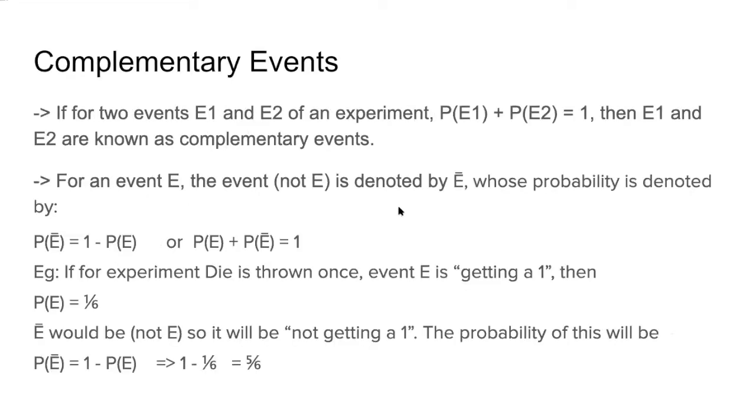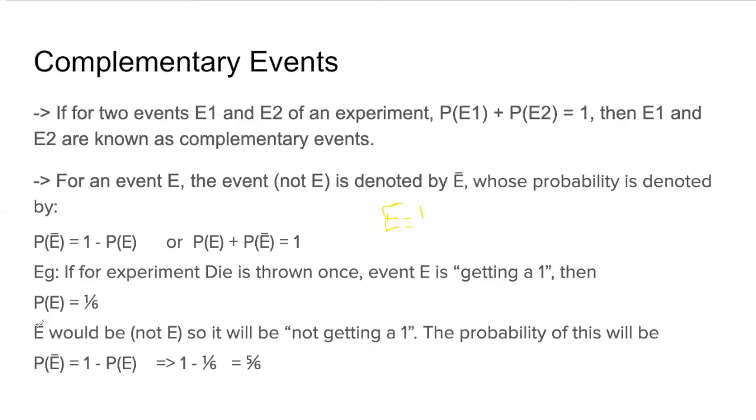Let us say event E is getting 1 on the dice. So this is E. If for an experiment a die is thrown once and event E is getting a 1, then the probability of E is 1 by 6.